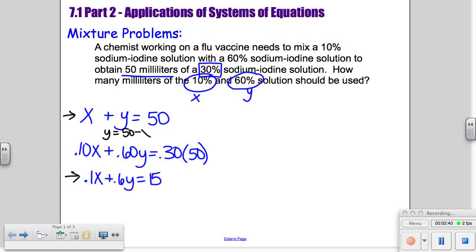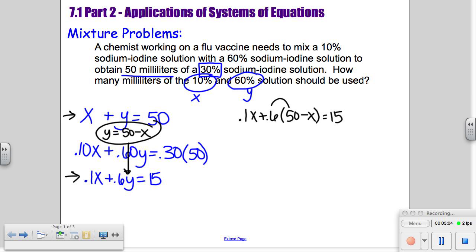Now you could also use elimination, whichever method you want. And then I'm going to take the y value and substitute it in for y, because again, I'm using substitution. So 0.1x plus 0.6 times 50 minus x equals 15.